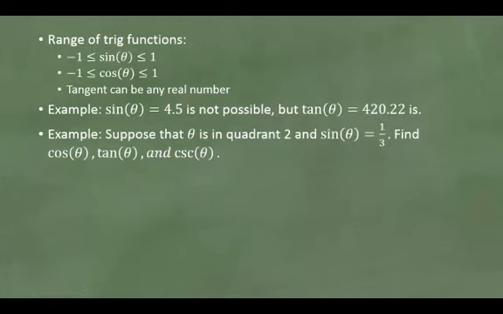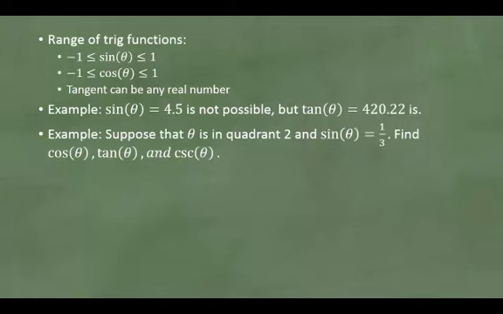The range of the trig functions. It's always going to be true that sine of any angle, it doesn't matter what you put in there, has to be between -1 and 1. Because we're looking at the ratios of the triangles, it's forced to be between -1 and 1. Same thing for cosine. And tangent can be any value.